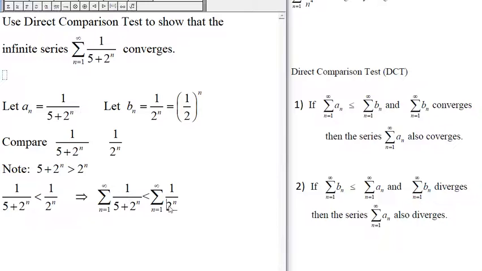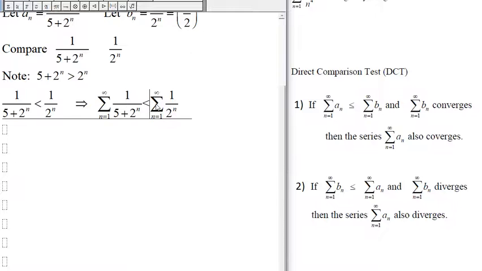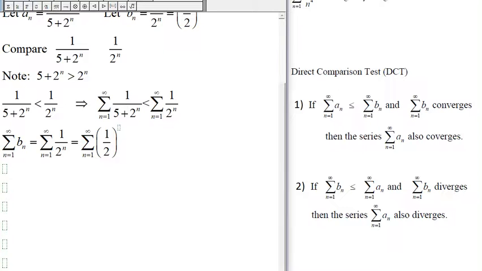So this is A sub n, this is B sub n. So we call this right here B sub n. And this is equal to 1/2 to the n.